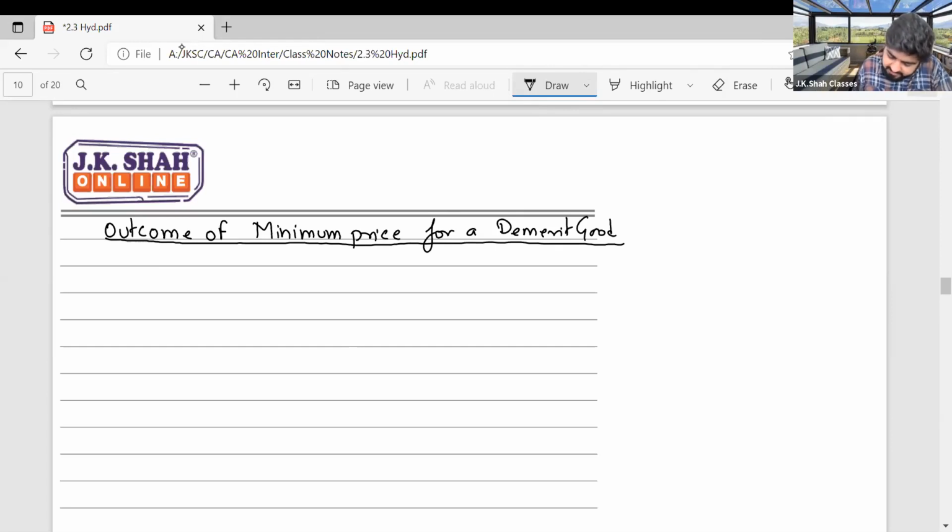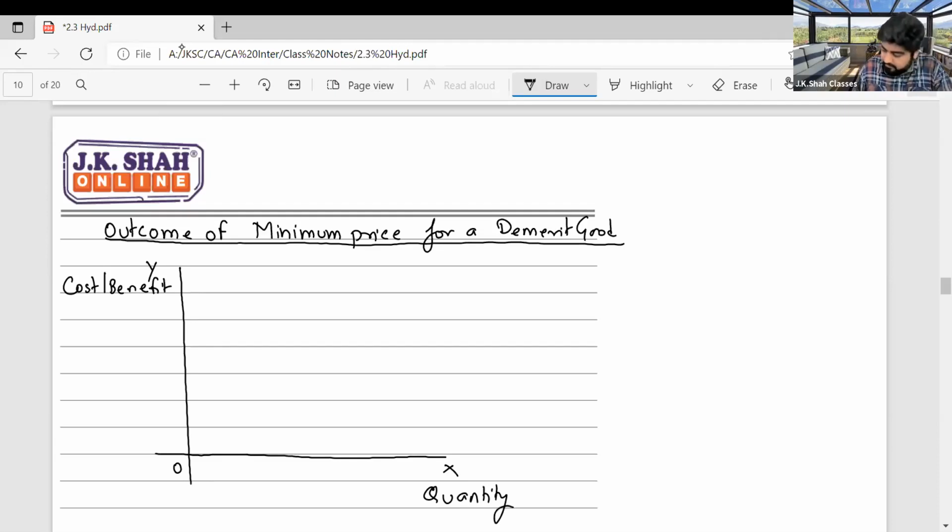Again, we will be making y-axis, x-axis. On y-axis, we will have cost and benefit. On x-axis, we have quantity.